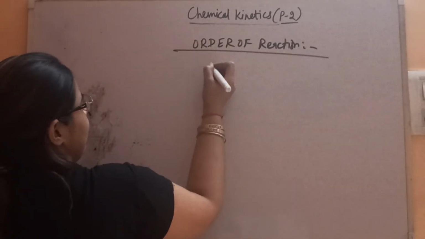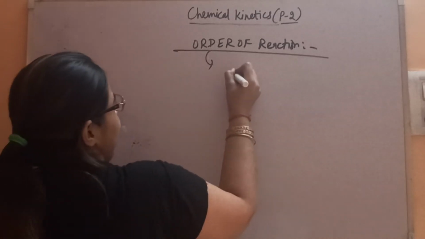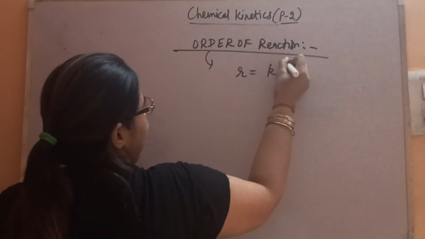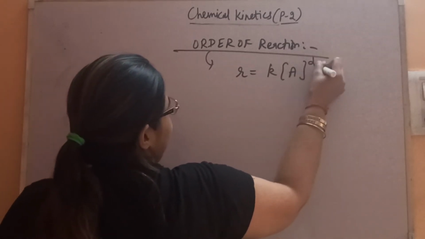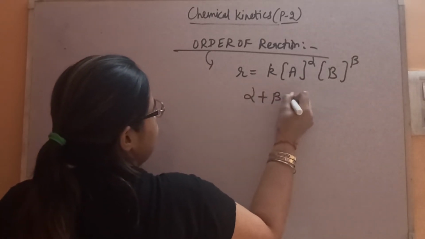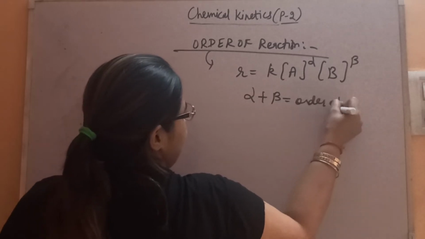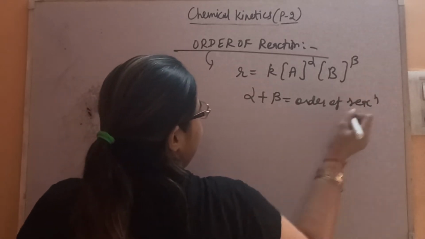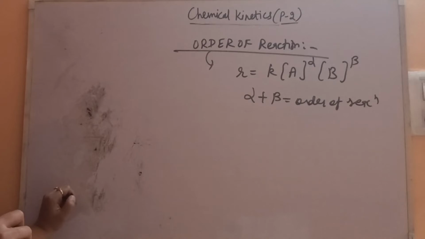Fine. So according to the rate law, we have seen this is alpha and this is beta, where alpha plus beta is the order of reaction and can be determined from the experiment.